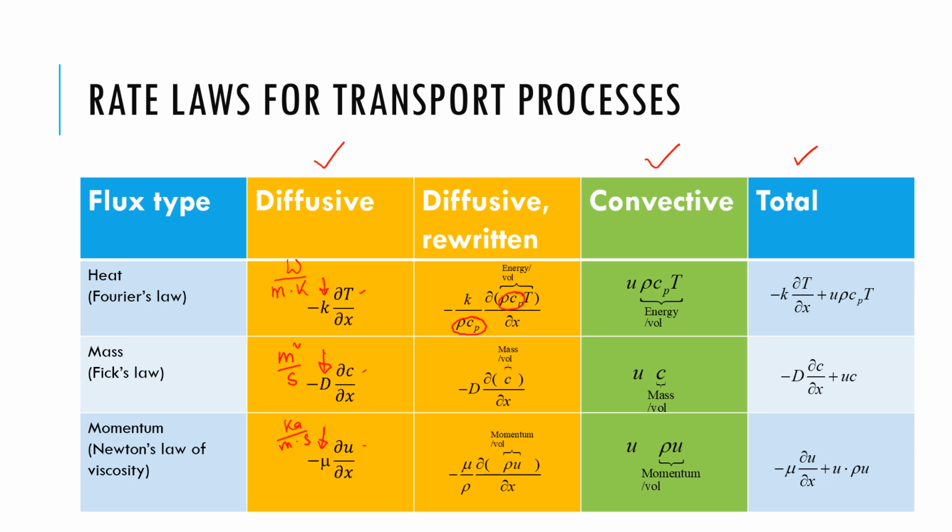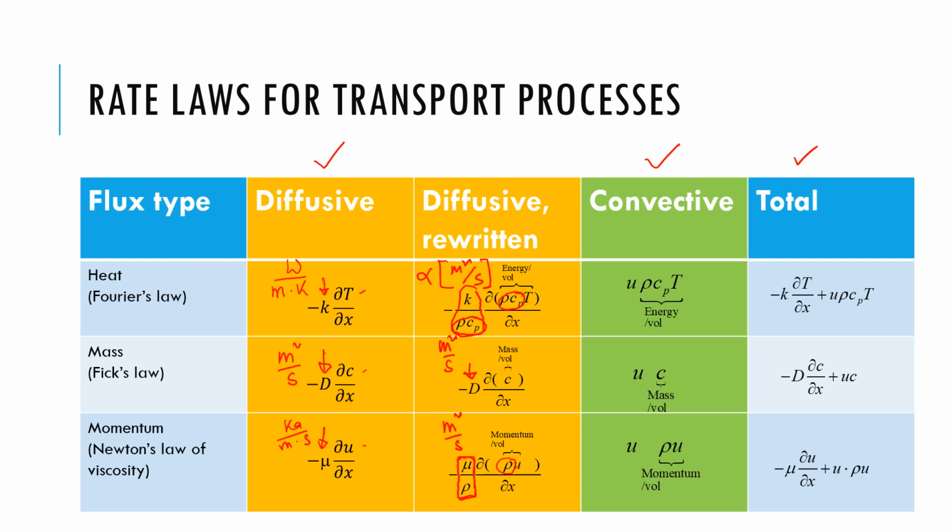Then the quantity here, K over rho Cp, is alpha or thermal diffusivity, and this has the same unit as the mass diffusivity, which is meter square per second. And the same thing here, viscosity divided by density. So I divide and multiply by density, and then this quantity mu over rho has the same unit, meter square per second.